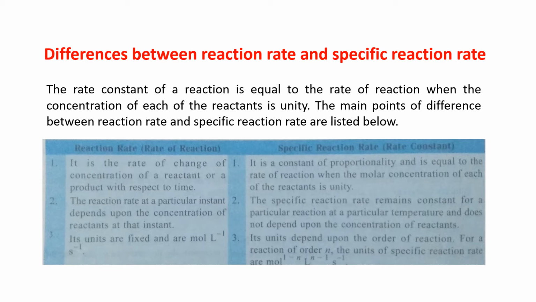Number 1, reaction rate is the rate of change of concentration of a reactant or a product with respect to time. And what about specific reaction rate? It is a constant of proportionality and it is equal to the rate of a reaction when the molar concentration of each of the reactants is unity.